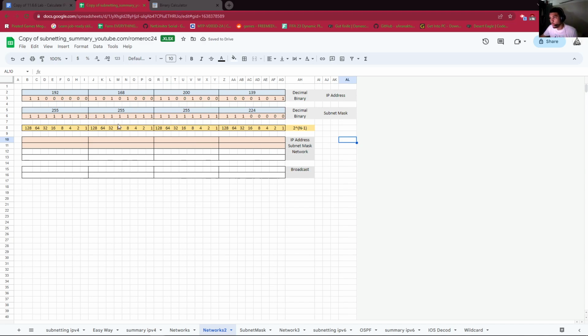After changing both of them to binary, we need to copy the binary for the IP address and put it right here, and copy the subnet mask binary and paste it right here.